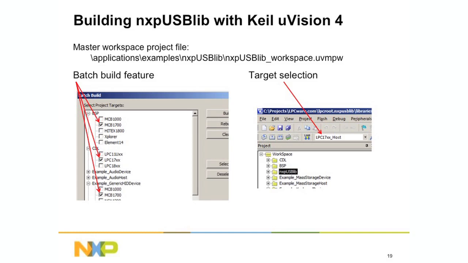Has anybody used that before? Nobody knows what that is? Basically, it allows you to have multiple projects, and it applies dependencies to those projects so that you can tell it to build a BSP with this configuration, a CDL with this one, and it'll build the libraries, and then it'll build the application and link it all together.